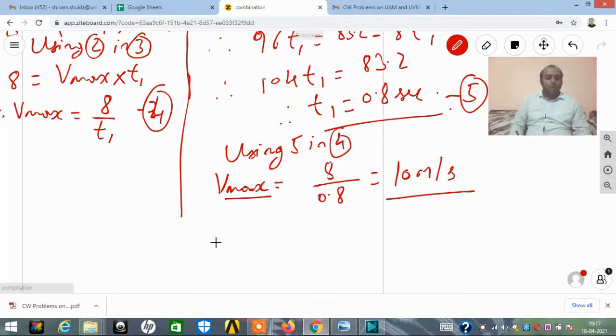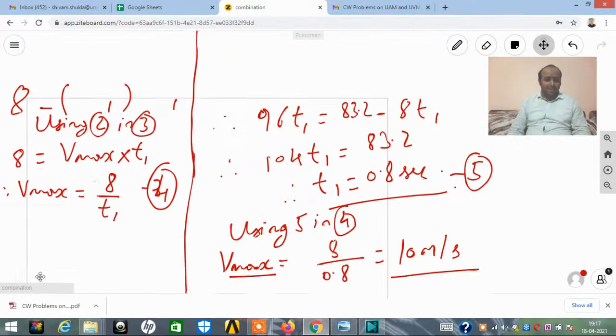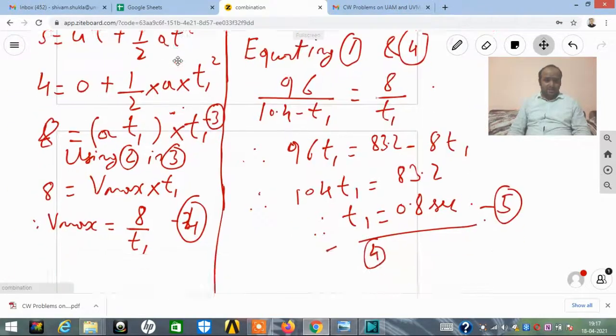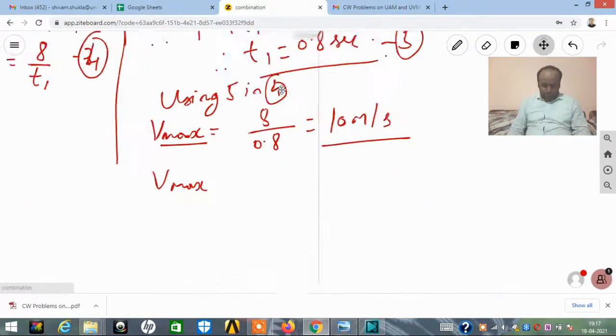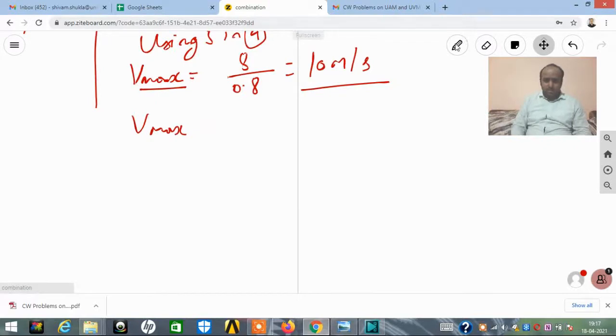And last but not the least, my dear friends, for A, Vmax is equal to A into T1, that is 0.8.